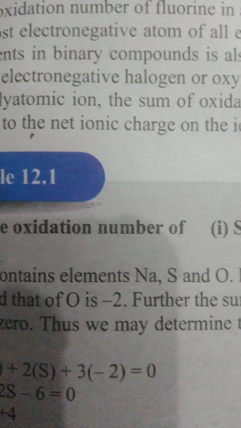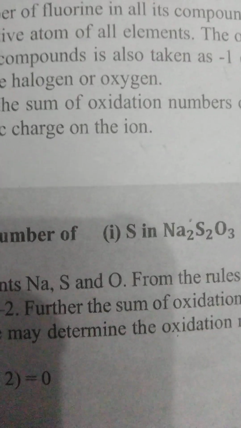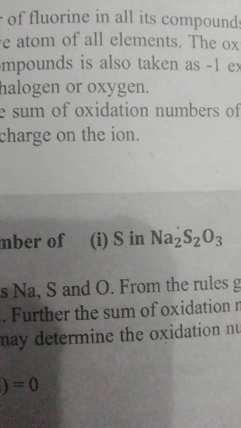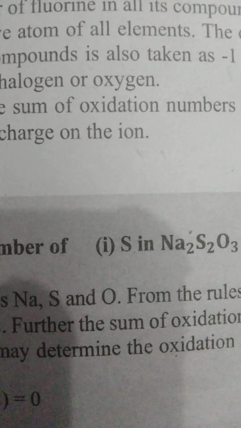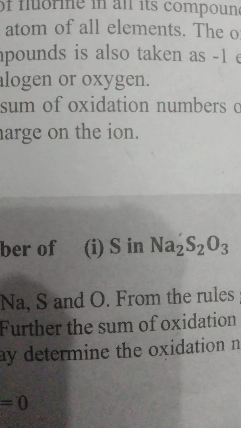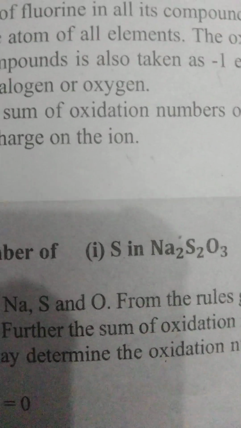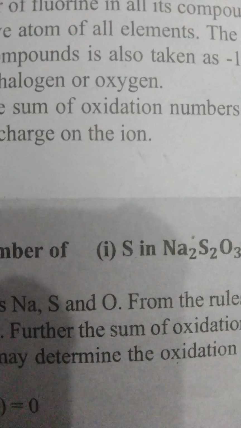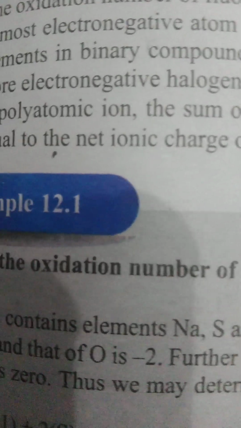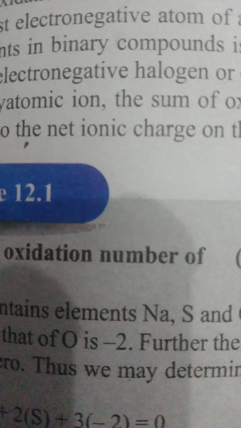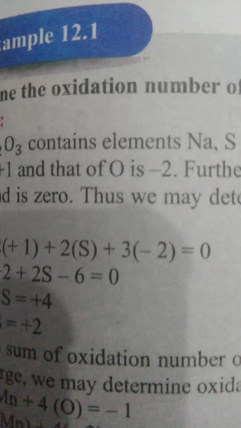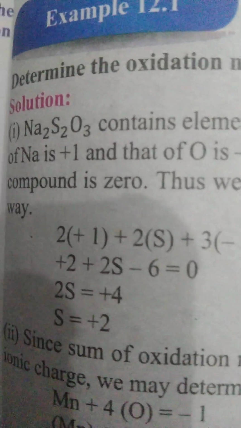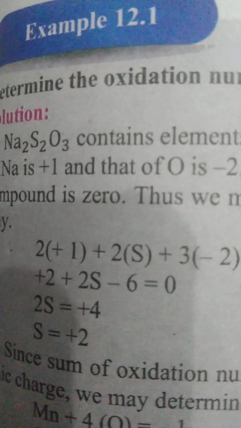Like that, if you see SO4 with -2 charge, the sulfur will be +6. It's a polyatomic ion, that's why. Here is one problem: find the oxidation number in Na2S2O3.